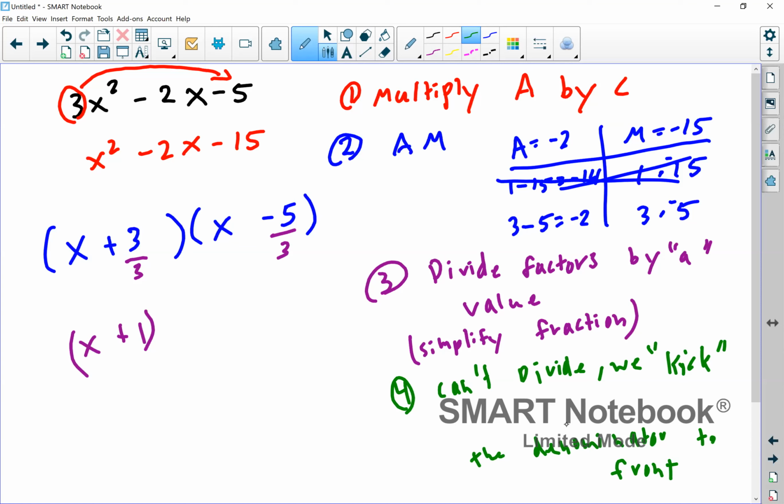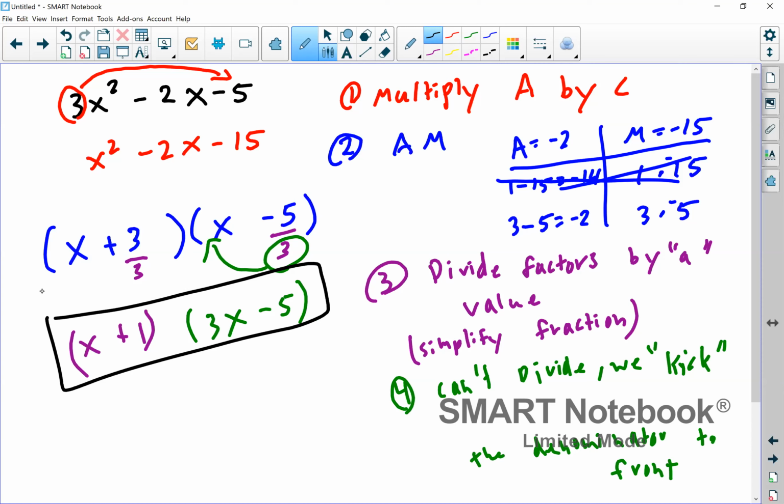So we take the 3, we kick it to the front, right here to that x. So this one now becomes 3x minus 5. And there you go. That's exactly how you find the factors when the a is greater than 1.